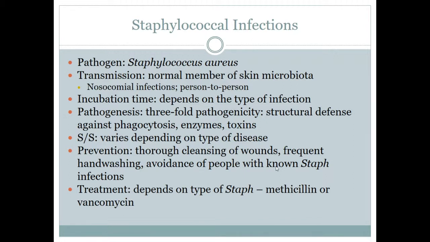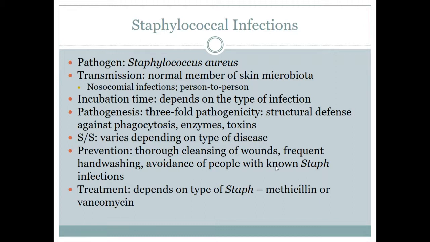You see there in its pathogenesis, structural defense against phagocytosis, so it's able to prevent our white blood cells from eating it or ingesting it. It produces a lot of different enzymes and toxins that allow it to invade tissues.